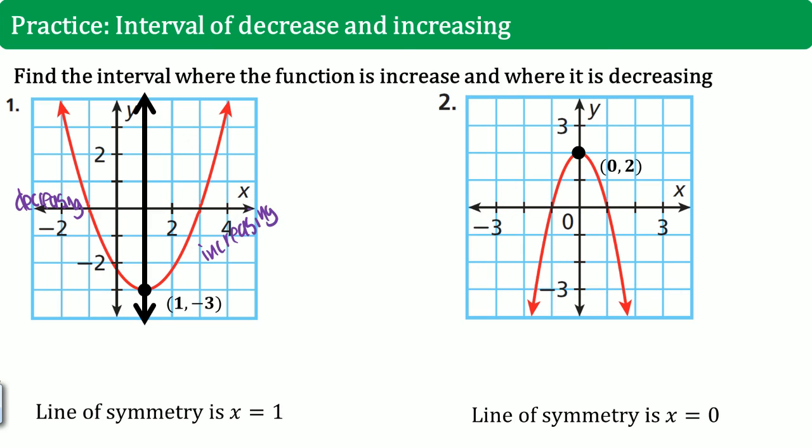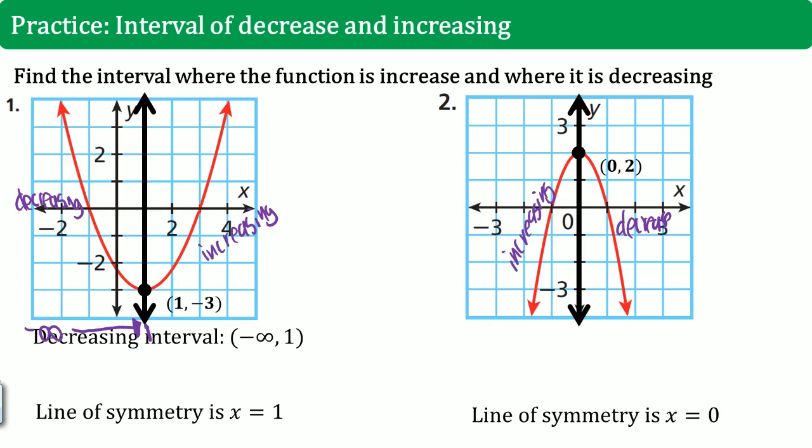Then here it goes up, so that is increasing. Then it hits the maximum, then it decreases. So the interval from increasing, it goes all the way from -infinity all the way here. It stops here at the 1. And this is going to be for decreasing.